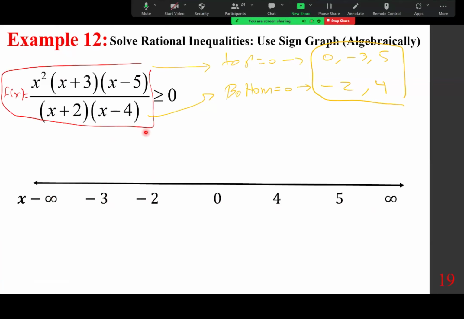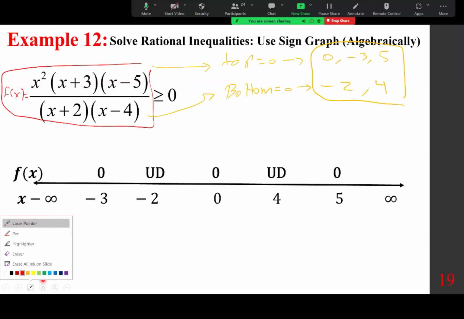At 4 is undefined, and at 5 is 0. UD is short for undefined. Now, one thing that is going to make this easy, all of them have degree 1 except this one. So at this point, the left and right are the same, but the rest of them alternate.